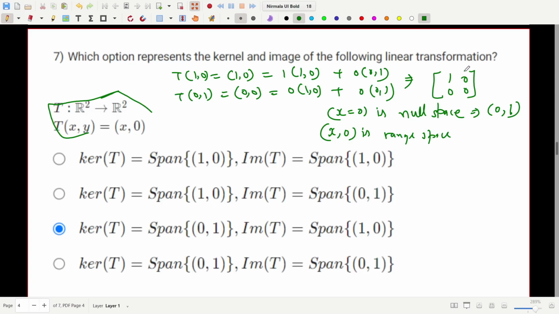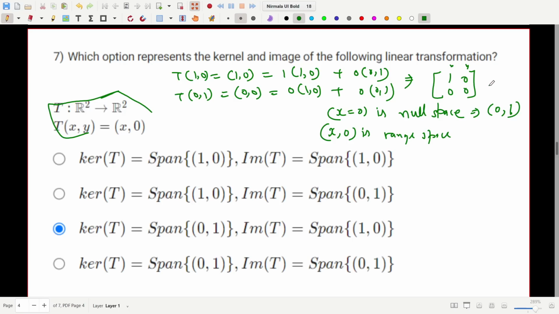So x1 equals 0 is the null space. So the null space will be (0, 1). From (0, 1) we can see that x is always 0 and y is something else.